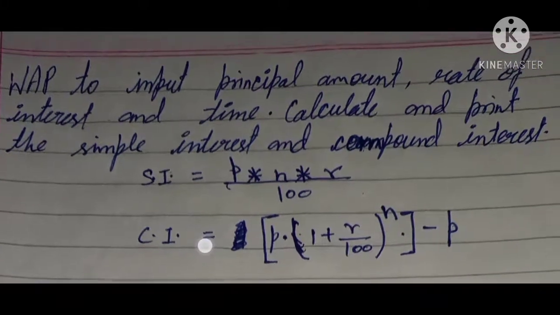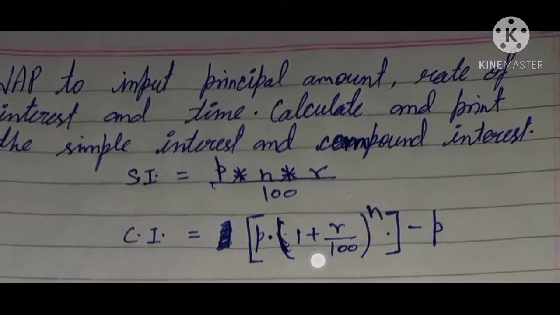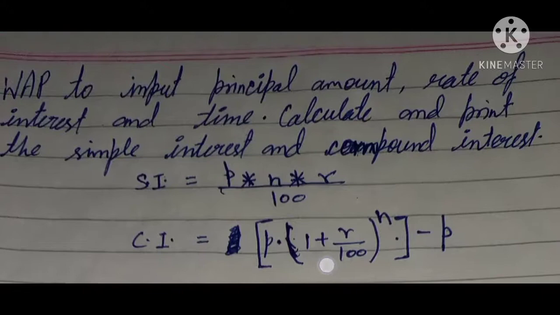Here you can see the CI formula: CI is equal to P into 1 plus R by 100, whole to the power n, minus P. In the CI formula, the first part, P into 1 plus R by 100 to the power n, calculates the total amount, which means the final amount.